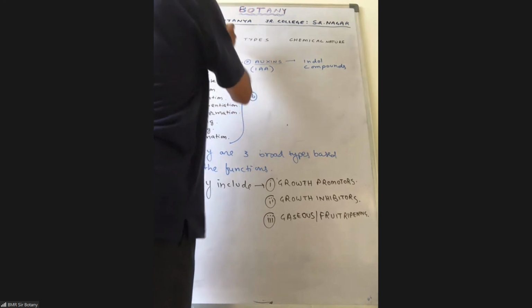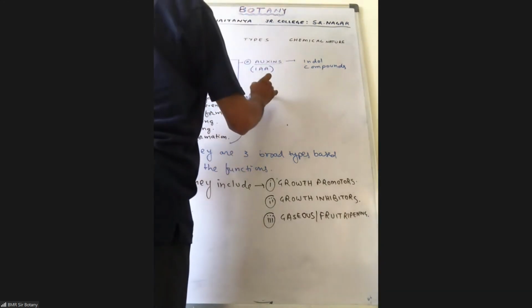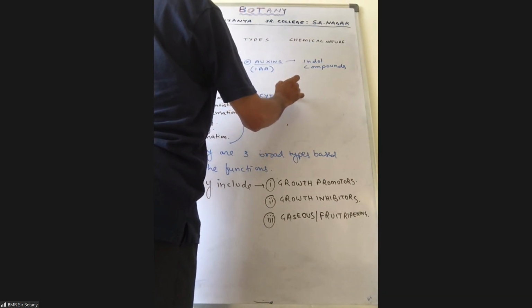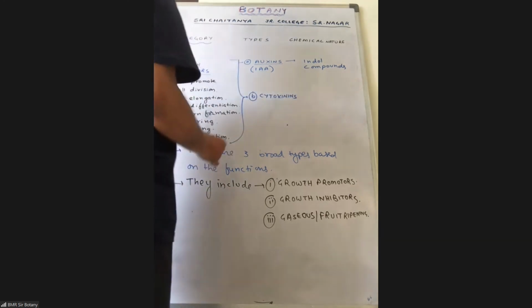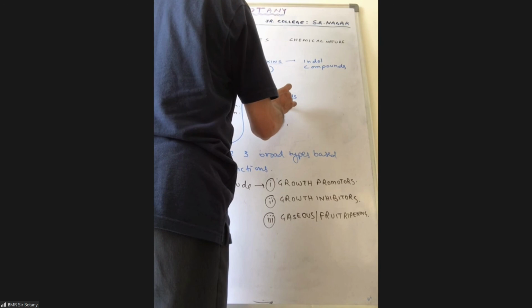Second, within this category of growth promoter, cytokinins, that are mainly related to cell division induction, like kinetin, zeatin.